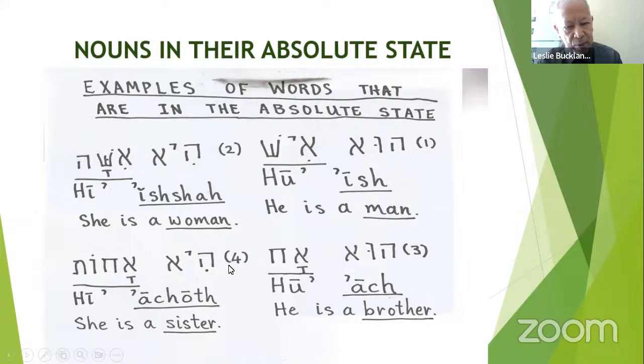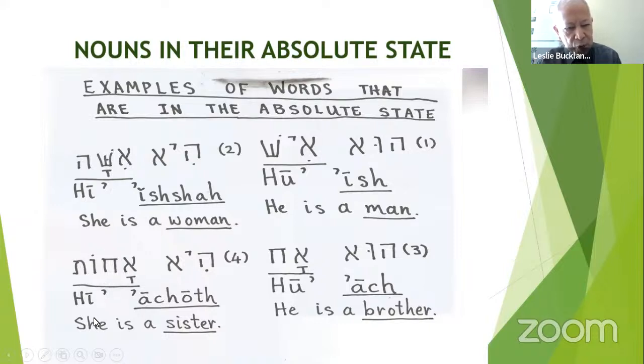The fourth example is he akoth. He is the same as he there. It means she. And akoth is the way that the word sister is spelt. There is an addition of holem, that is the long O, and tav to ak to give the feminine form of ak. Ak is brother and akoth is sister.